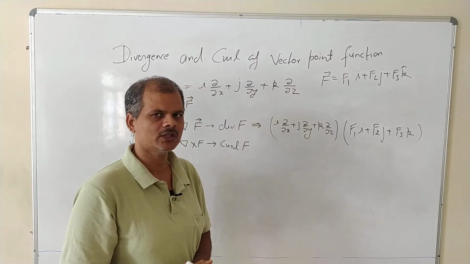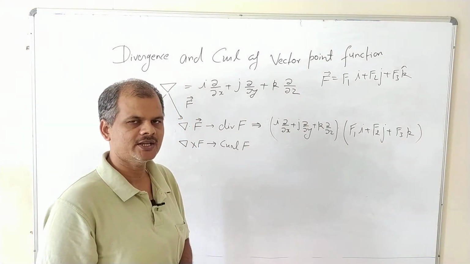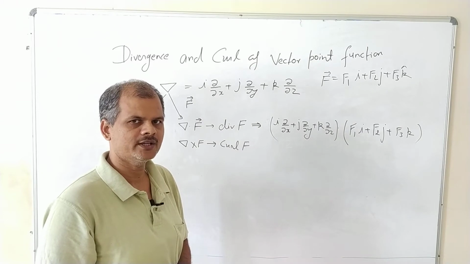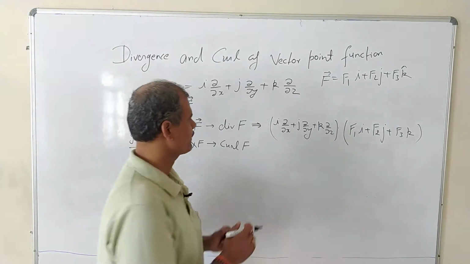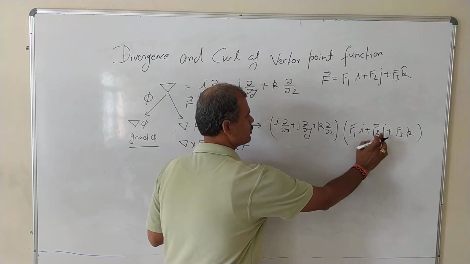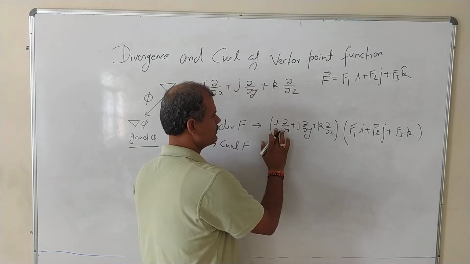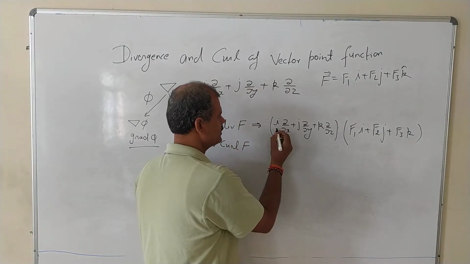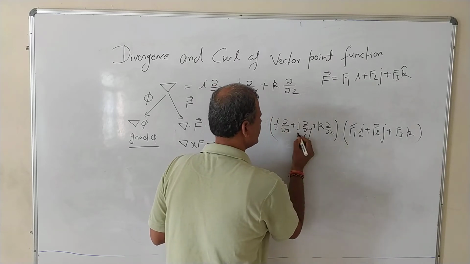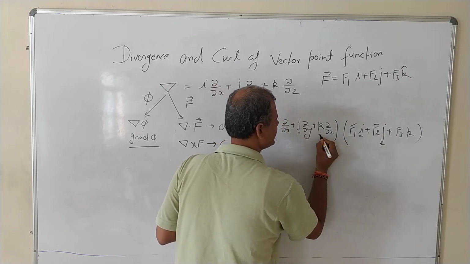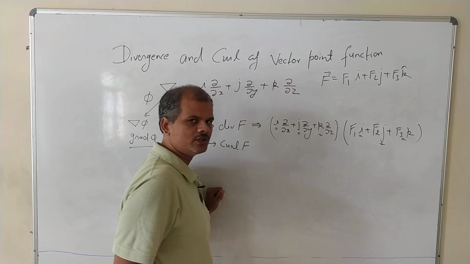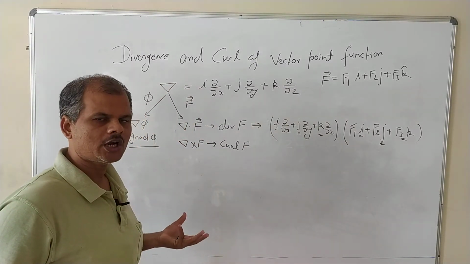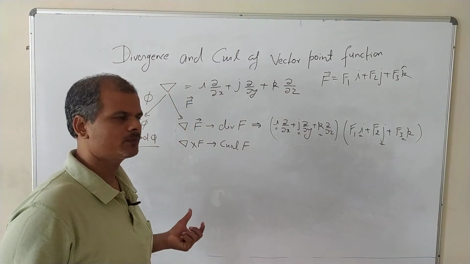So i and j are both orthogonal, theta is 90 degrees, so i into j into cos theta, the dot product of two orthogonal vectors will be 0. So here we get only three terms, i into i, j into j and k into k. The remaining will be 0 due to the dot product of orthogonal vectors being 0.